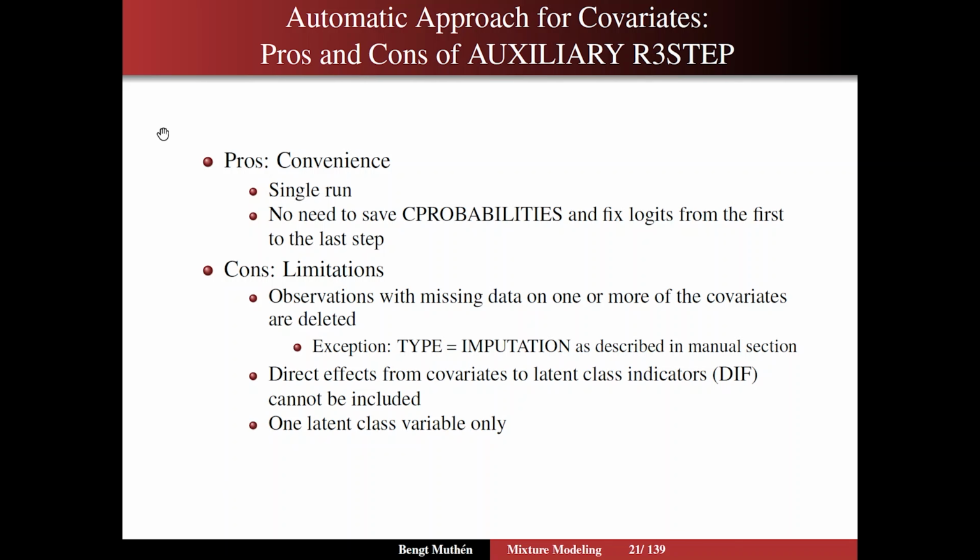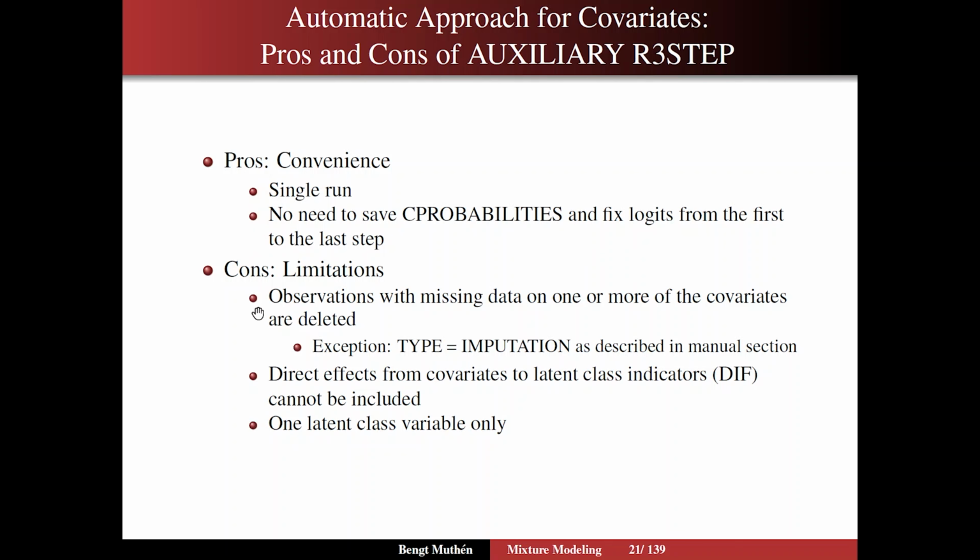So slide 21 then talks about the automatic approach for covariates. So pros and cons of the auxiliary R3-step. There's only one approach for that in Mplus. Pro, again, is convenience, single run, no need to save C probabilities and fix the logits.